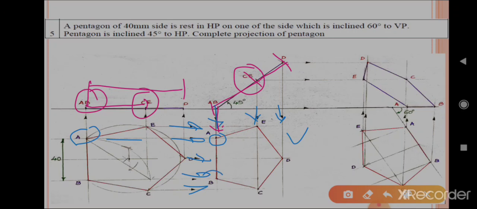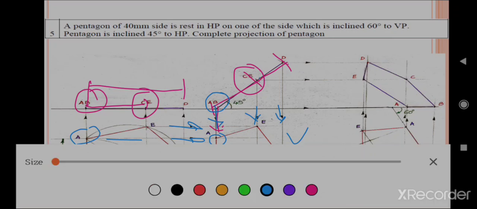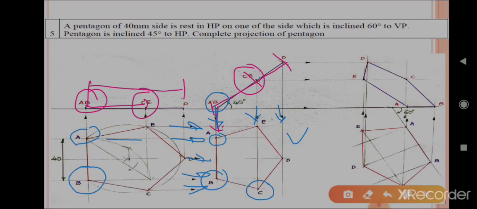Similarly point B, point C, point D, point E we can mark, and we can connect all the points with straight lines. We complete the 45 degree inclination, the front view and the top view with HP.